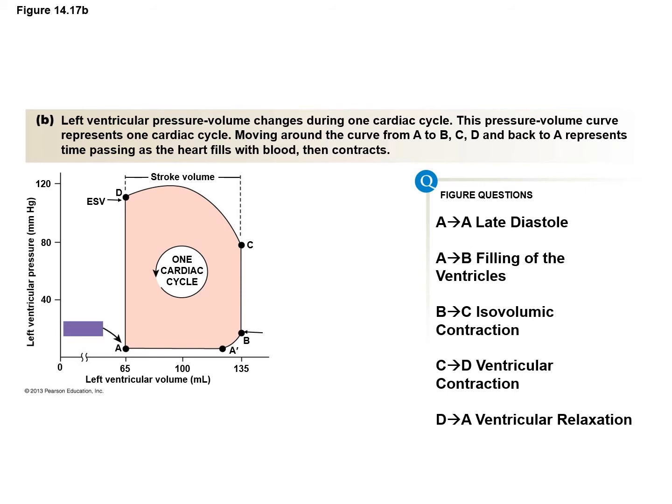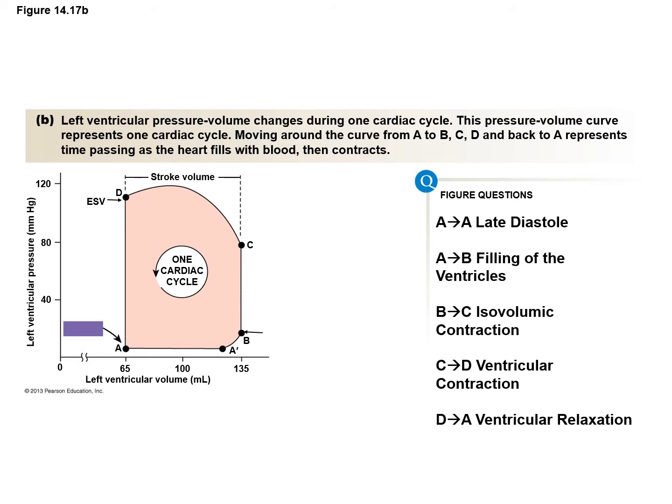A to A, so that point A to the second point A, represents late diastole. This, of course, is going to be the passive filling of the left ventricle, being that the atrioventricular valves are open, blood is flowing into the atria and just passively flowing into the ventricles.